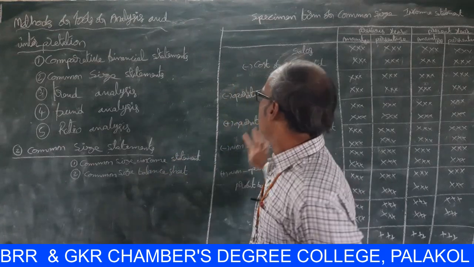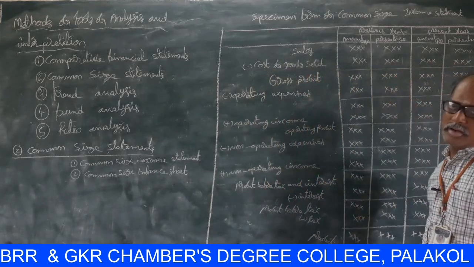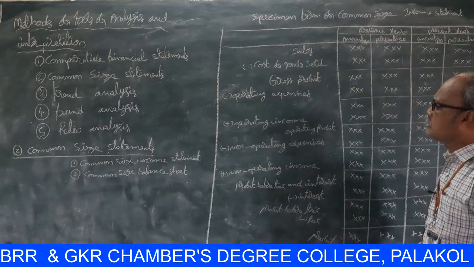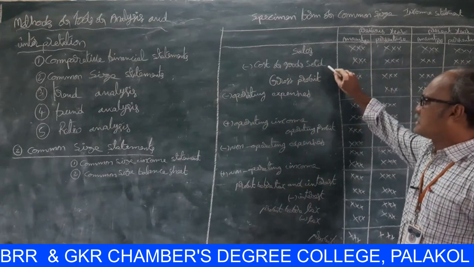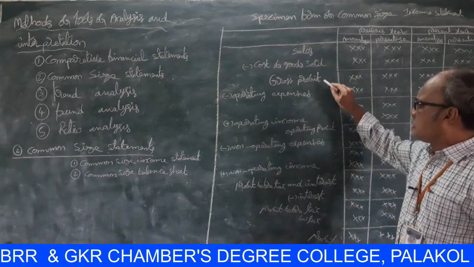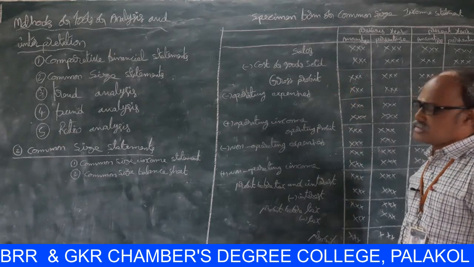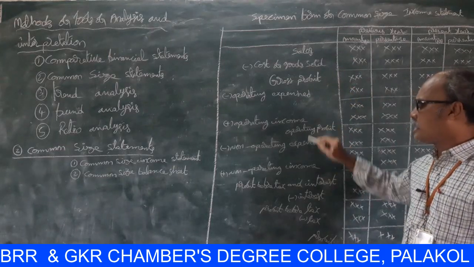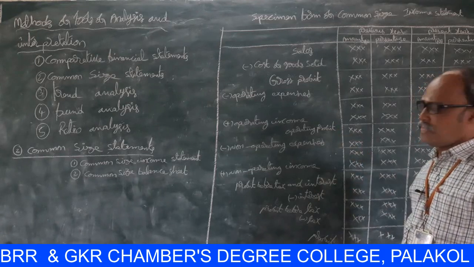This is the specimen form of common size income statement. As usual, sales less cost of goods sold gives gross profit. Operating expenses are deducted from the gross profit and operating income added, then we get operating profit.